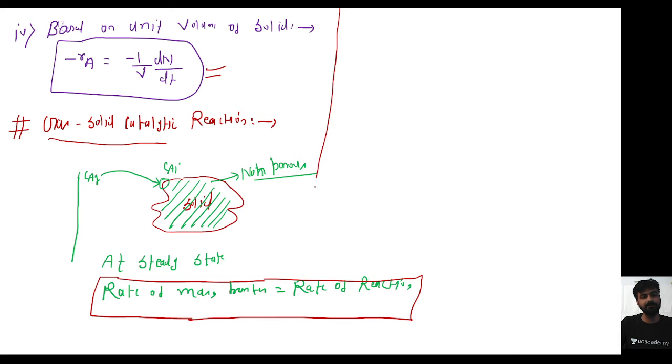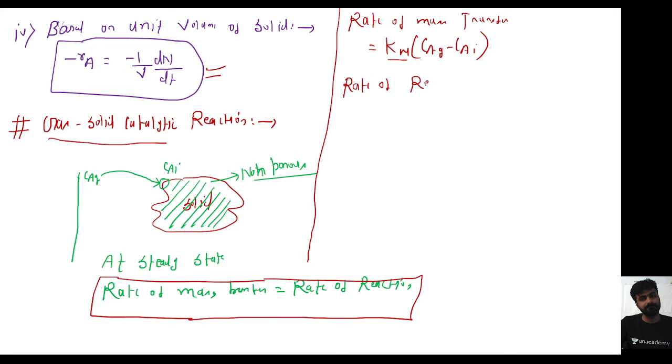So here I am writing. Can I write the rate of mass transfer as Km times Ca gaseous minus Ci, that is the concentration difference multiplied by the mass transfer coefficient, and the rate of reaction equals Kr into Ci.